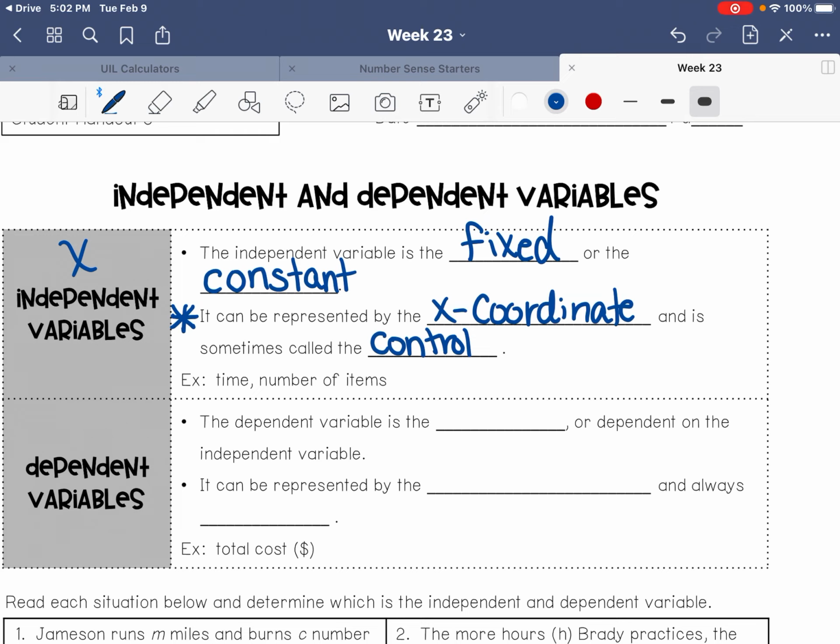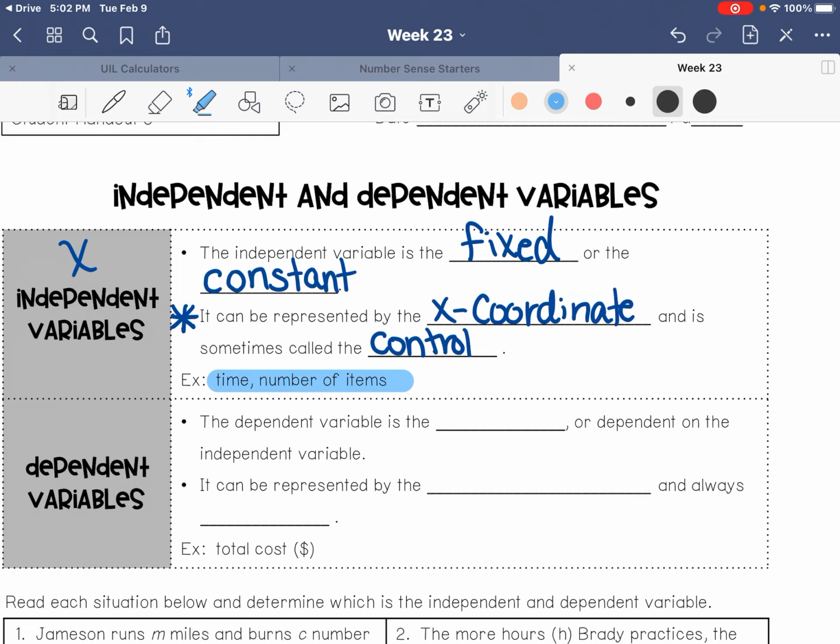Okay, a lot of times the independent variable will be time, like number of hours, minutes, seconds, days, years, or it might be the number of things you're buying, because if you don't buy anything, it won't cost you any money, right? If you're going at a certain rate of speed, if no time goes by, you will not have gone anywhere.